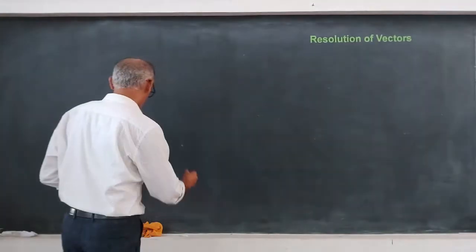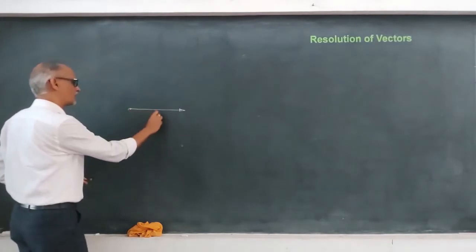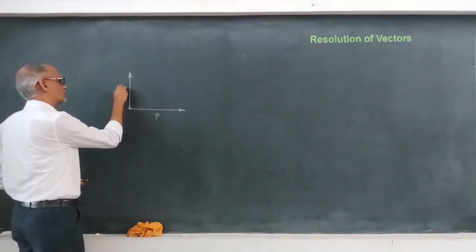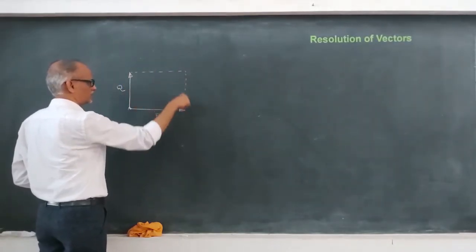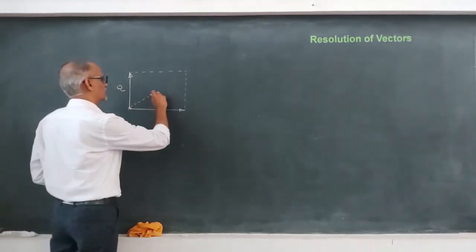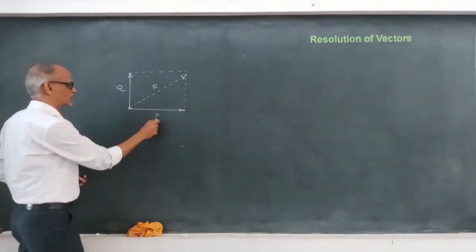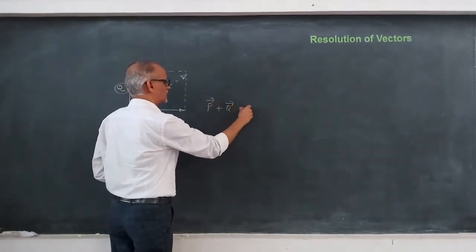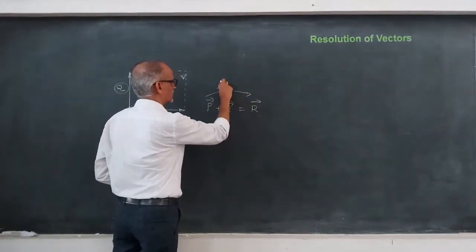See, if I take one single vector called P, and then another vector called Q, and then if I add these, where I construct a rectangle, then I will get a resultant, correct, which will always be along the diagonal. So, addition of two vectors will give you a single vector called R. So, this is the addition process.